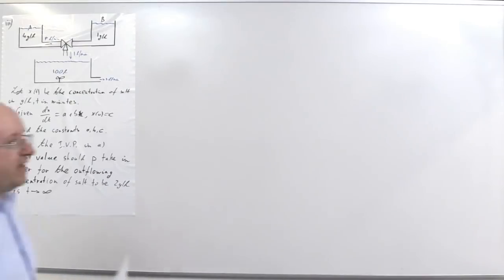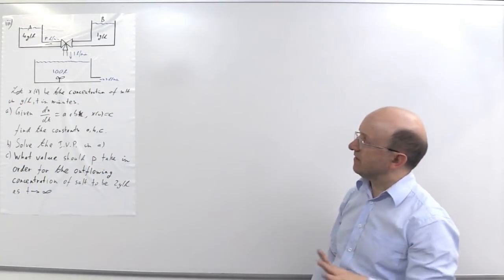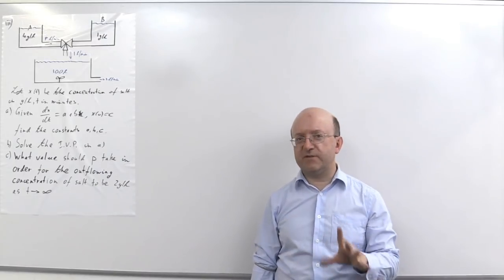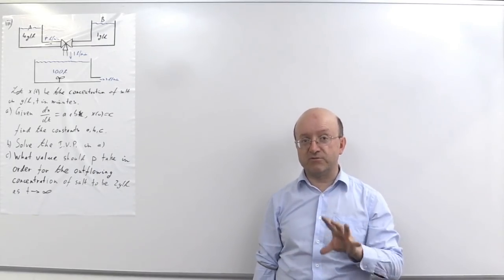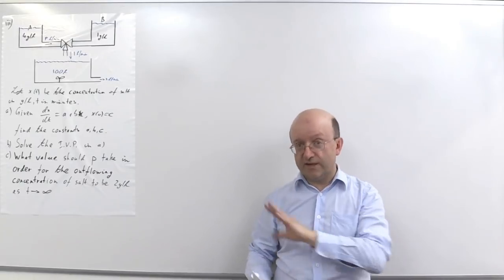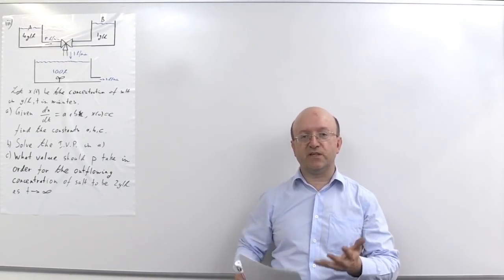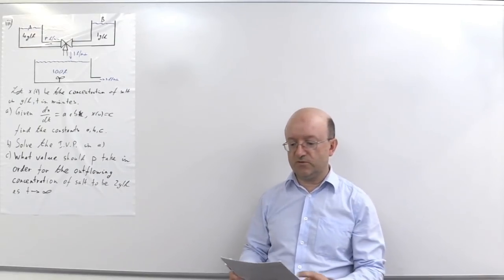Now, as is usual with these questions involving a solid dissolved in a liquid, it's almost invariably easier to do everything in terms of amount of solid rather than concentration. The question's worded for concentration, but I'm going to solve it by looking at the amount, because the concentration is just the amount divided by the total volume.